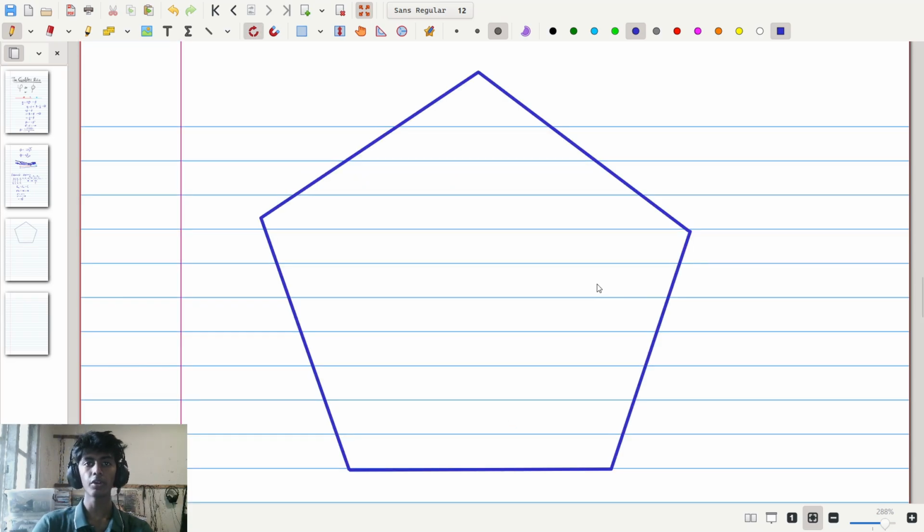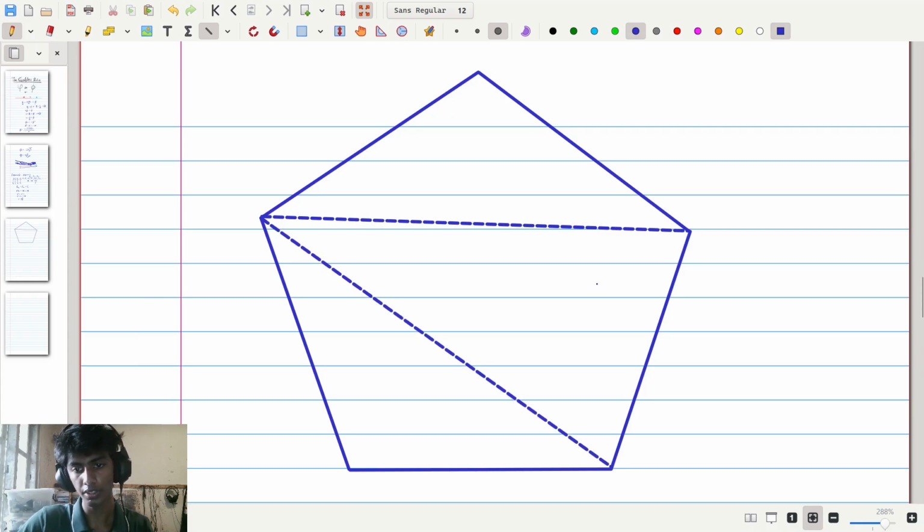So here I have drawn a regular pentagon, and what I'm going to do next is draw all of the diagonals of this pentagon. By diagonals, what I mean are the lines going from one corner of the pentagon to the other corners of the pentagon. So going like this to here, going from this corner to here, and same thing with this corner.